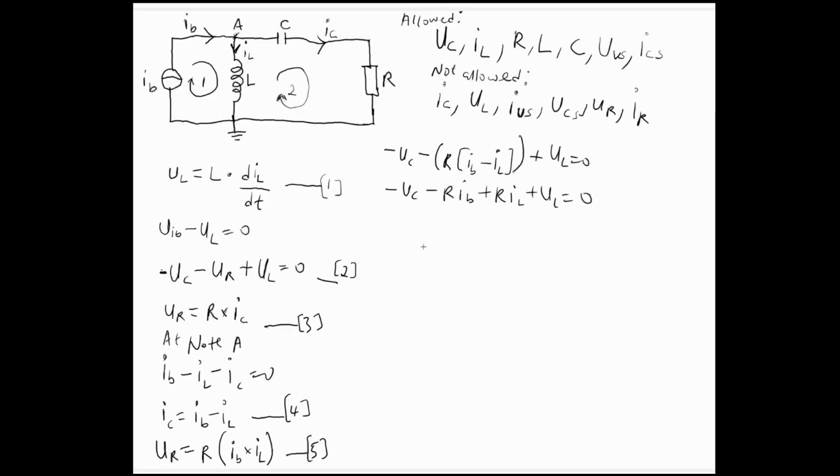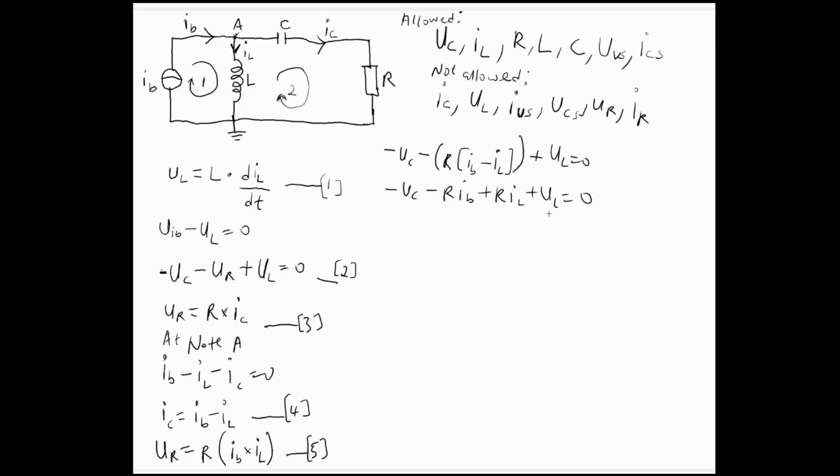All right. So let us inspect this equation and see if there are still variables that are not allowed. UC is allowed, R is allowed, current of the current source is allowed, resistance is allowed, the current of the inductor is allowed, but this is not allowed.